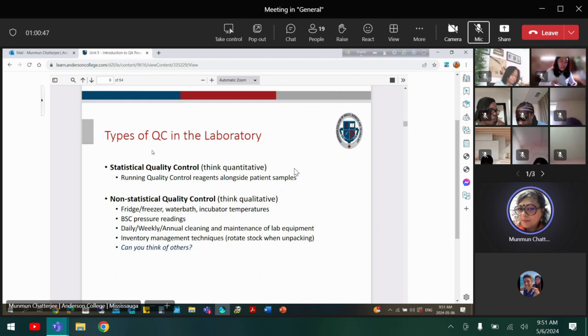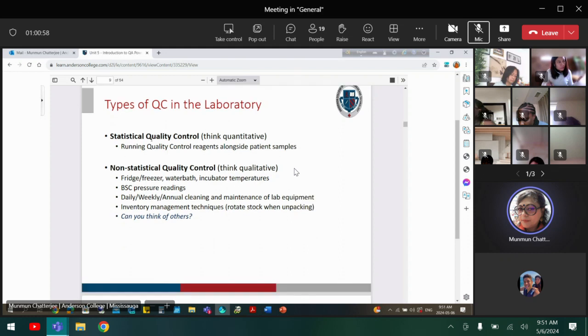You are doing the quality control to make the laboratory function properly so that it can give you the best patient result ultimately. So statistical quality control, think quantitative: running quality control reagents alongside the patient samples, as I showed you with the glucose.